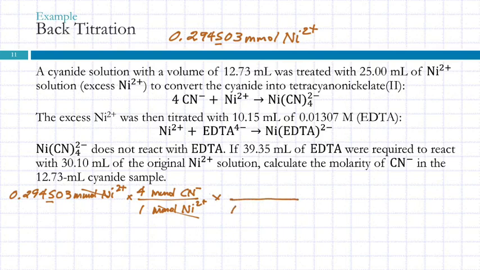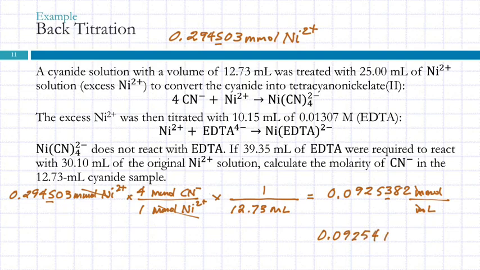So we're going to divide by the volume. So we divide by 12.73. We get 0.0925382. That's millimoles per milliliter. But we can just cancel the m's out. And then we want to report this with the correct number of significant figures, and so it's 0.09254 molar.